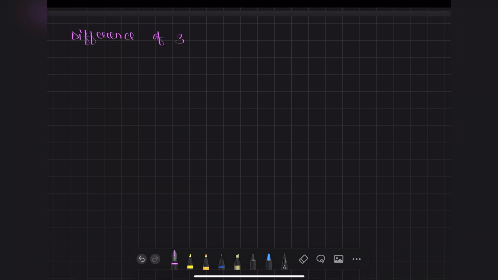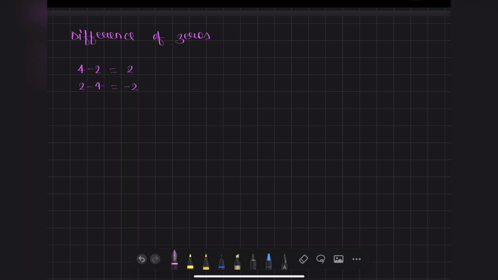Difference of zeros. So now try to understand what is difference. First try to understand this thing. If I ask you what is 4 minus 2, you will answer it is 2. If I ask 2 minus 4, you will answer minus 2.